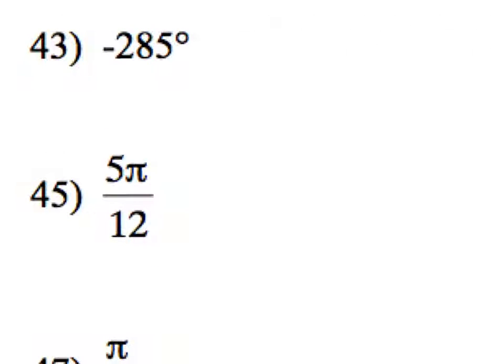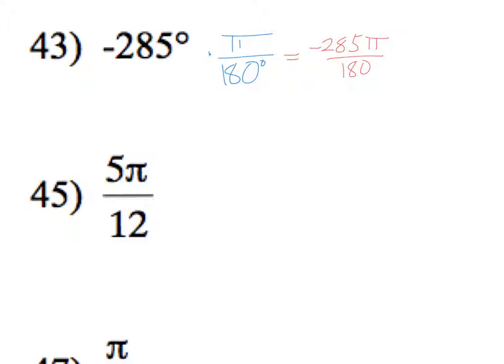For these, we're converting between degrees and radians. And the first thing I'm going to do is to convert number 43 to radians. I know that's going to be multiplied by pi and divide by 180. I could also have used 2 pi and 360, but that's not necessary. And then I'm going to do some reduction. So this is negative 285 pi over 180.